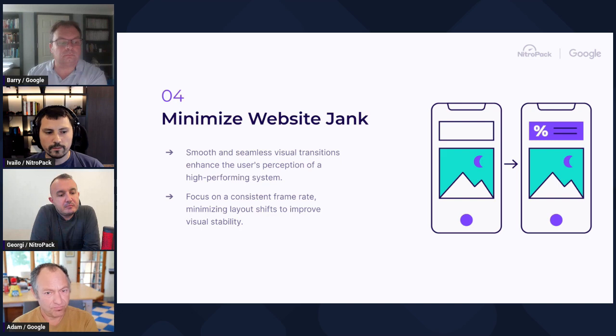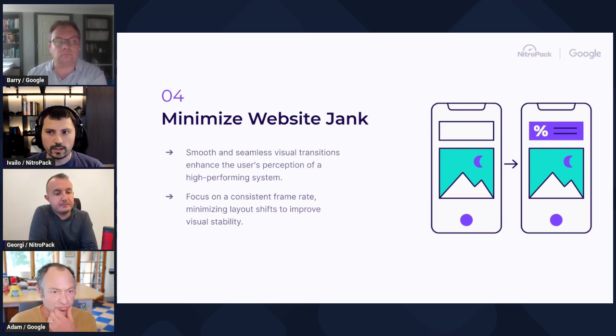You want rendering to happen at a consistent rate while scrolling. You don't want to have gaps of unrendered content while you're trying to read down the page, or you also don't want to have shifting layouts. So all of these are signs of website jank or just negative experiences.